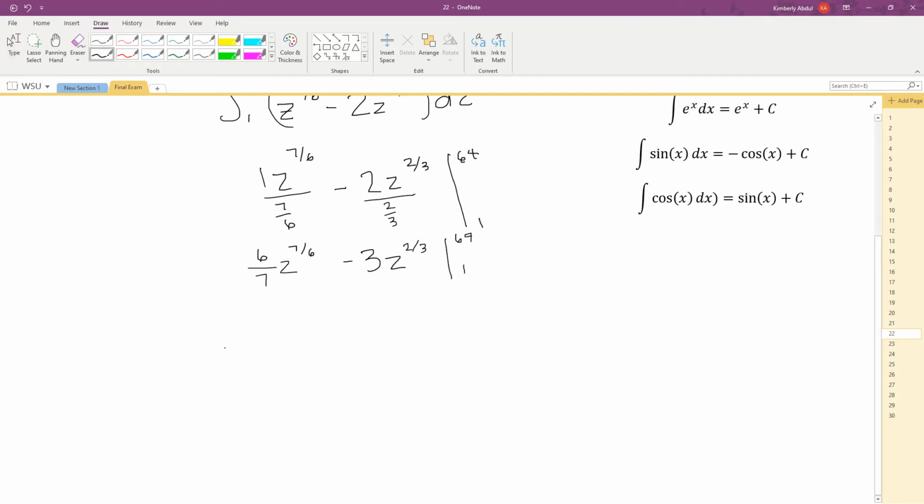So I'm going to rewrite this expression, and I'm going to leave a space where the z is. I'm going to leave a blank space with parentheses.